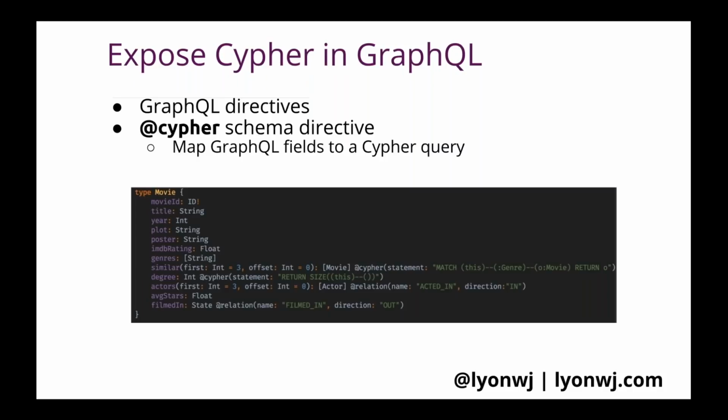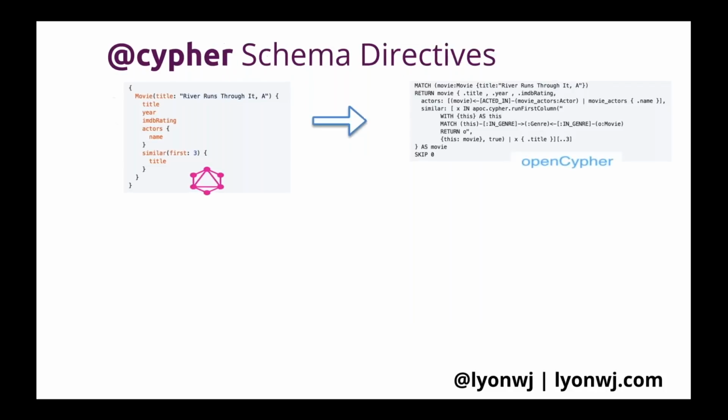So that field then becomes sort of a computed field. So you can see here in the similar field example, we've annotated that with a simple Cypher query to just, in this case, find movies with overlapping genre, and those become our recommended movies. But we can do this for arbitrarily complex Cypher queries. And those are still translated into a single Cypher query.